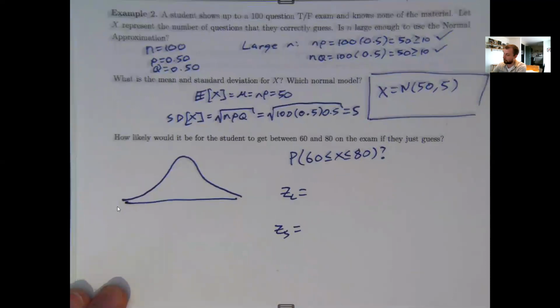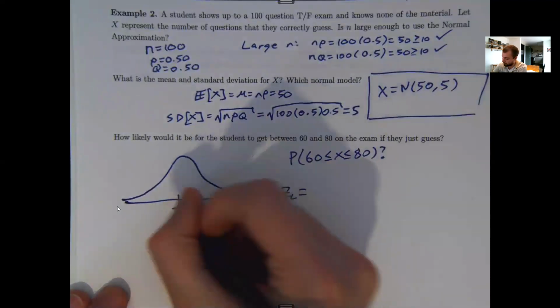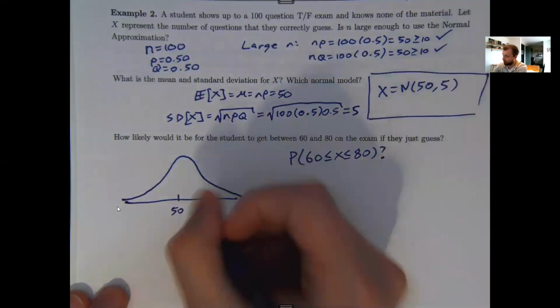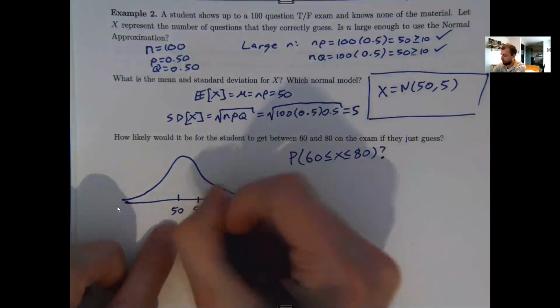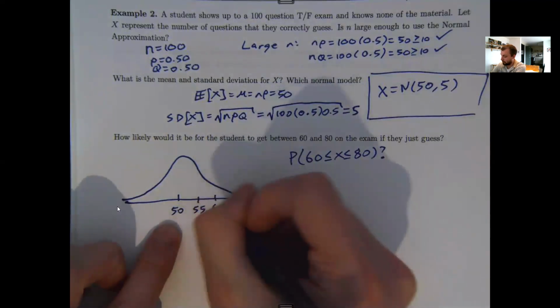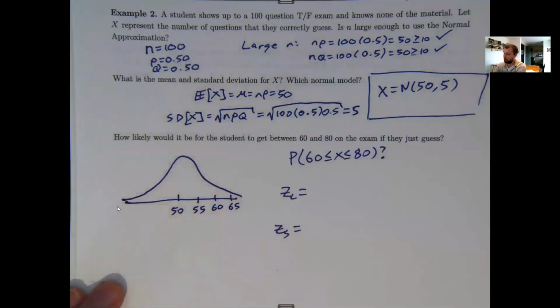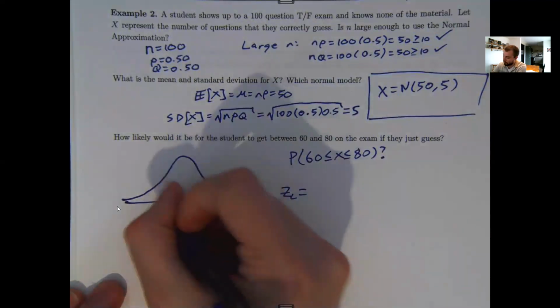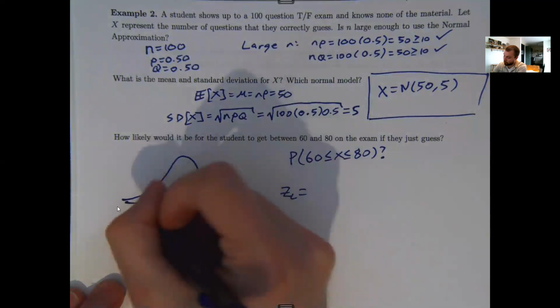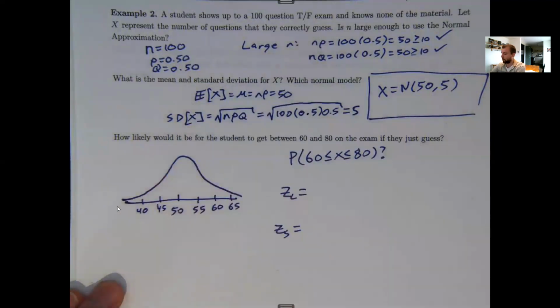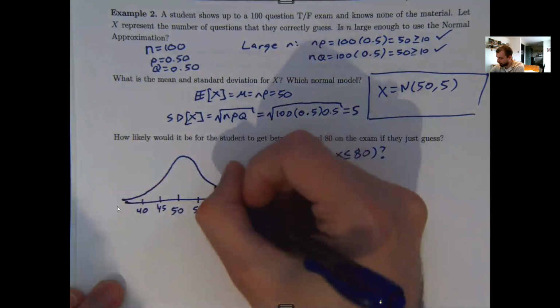Drawing my picture, I have a center of 50, and I'm counting by 5. So this is 50, 55, 60, 65, and so on. In the other direction, I would have 45, 40, and so on. One of my values is 60, that shows up here.